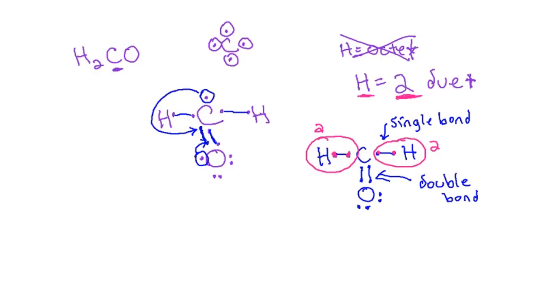Now let's draw one around carbon. So carbon has 1, 2, 3, 4, 5, 6, 7, 8. So carbon has 8 electrons around it in its valence shell.